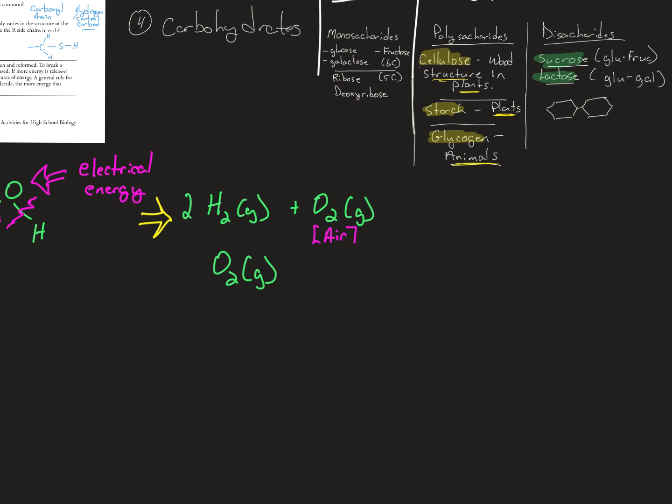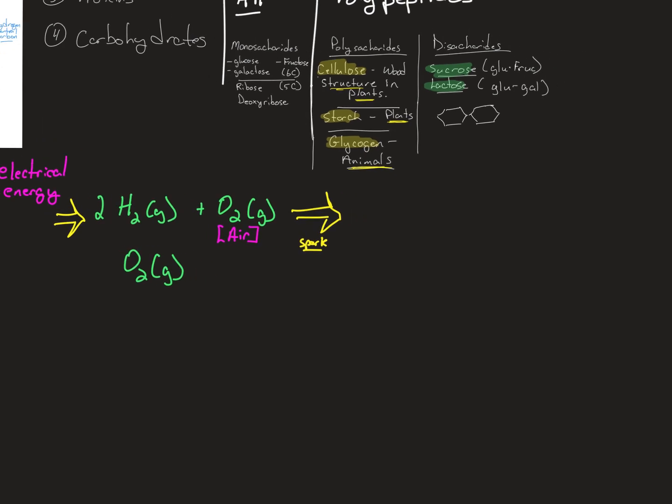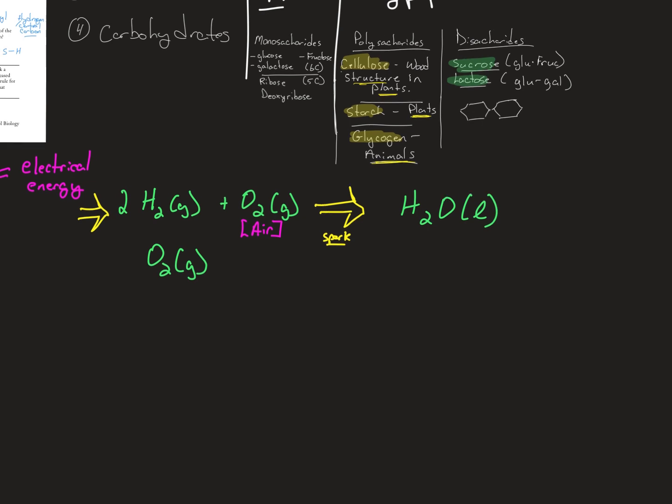And we allowed the hydrogen and that oxygen to mix, and we added just the tiniest of little sparks, a little bit of heat from our flame. We got an explosion, and then what formed was water. And it was liquid at room temperature.